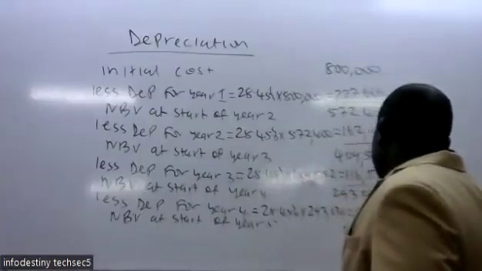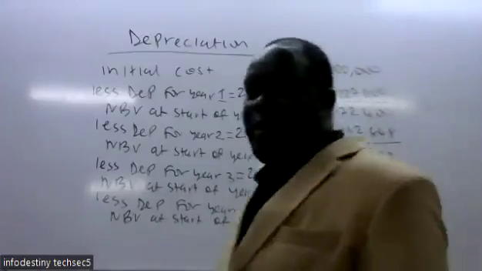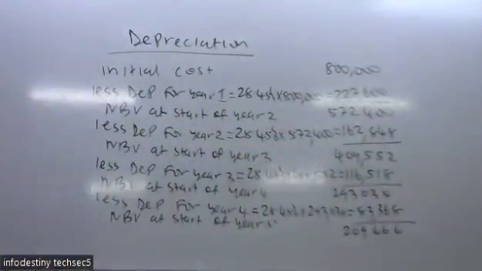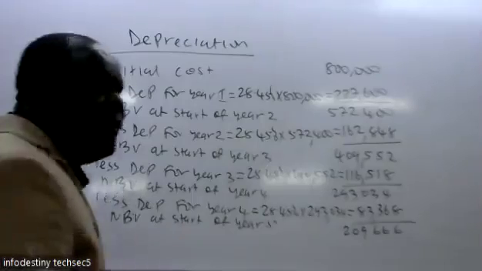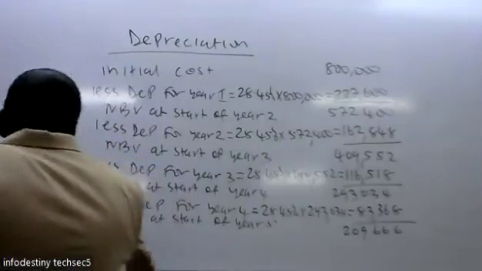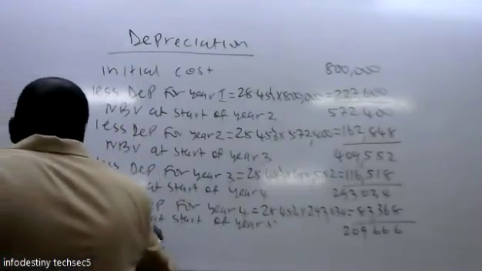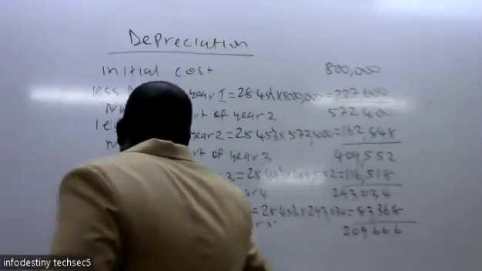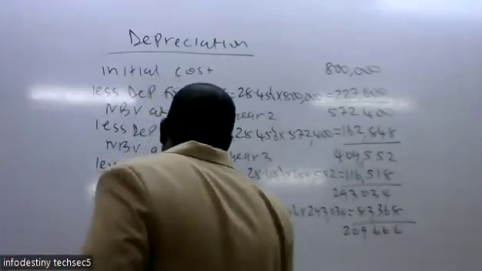For year 5, we shall not compute. It should be the balancing figure to get the salvage value or scrap value. So we less depreciation for year 5.